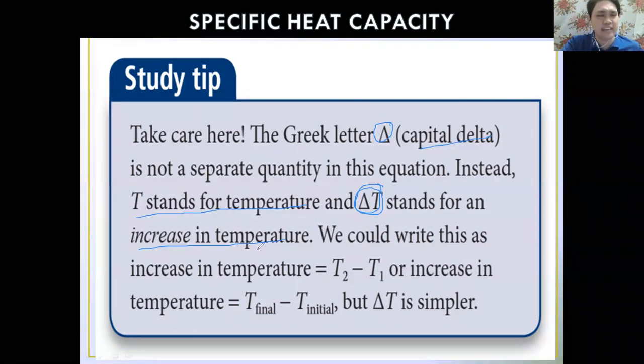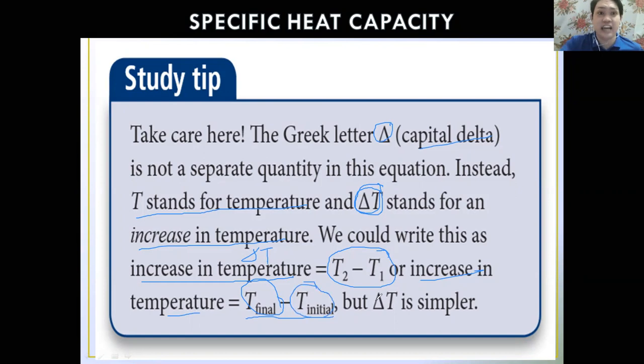So how do we get the delta T, or increase in temperature? Again, the increase in temperature, or delta T, can be solved by subtracting the initial temperature from your final temperature, or the increase in temperature is equal to the difference of the final temperature and the initial temperature.